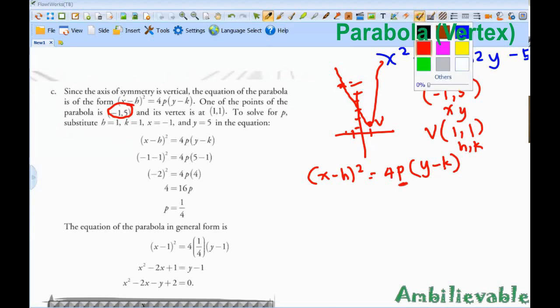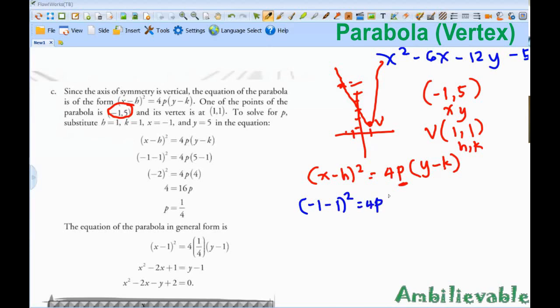We will just replace all the values. So x is negative 1. So negative 1 minus h, which is 1, squared, is equal to 4p. We don't have the p. And y is 5 and k is 1. K is 1 here, right?